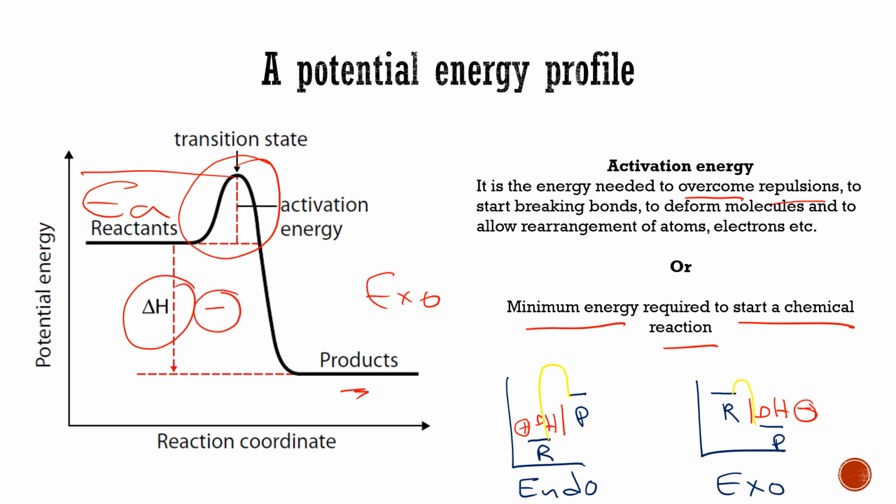So as you can see here, the activation energy in the endothermic reaction is much higher than that of the exothermic reaction. But how should I determine it? Same for any type of reaction: you should start from the reactant till the highest point that you have in your curve.